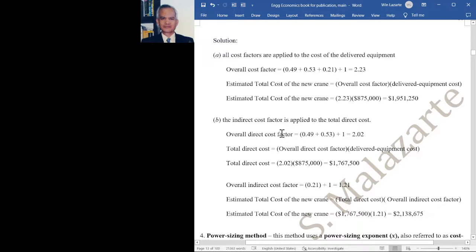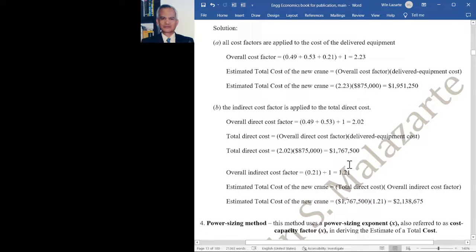First, we need to determine the overall direct cost factor, and this is composed of the other two cost factors that are not indirect, so excluding 0.21, the indirect cost factor. Okay, so we add them up plus 1 to get this overall direct cost factor. And multiply this to the delivered equipment cost to get the total direct cost.